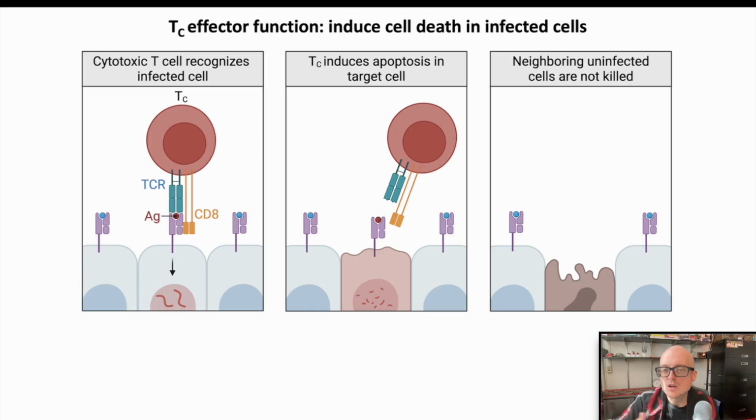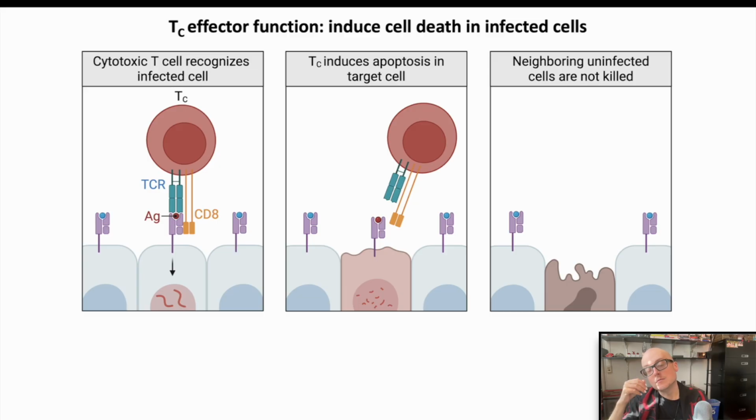And most cells are easily replaced. They can undergo mitosis, the healthy ones can, and you can replace them over time with healthy uninfected cells. And importantly, T cells only kill cells which are expressing the antigen that they recognize. And so you can see here that the healthy cells nearby that are uninfected and therefore not presenting that pathogen-derived antigen, they are spared from the cytotoxic effects of the T cell.